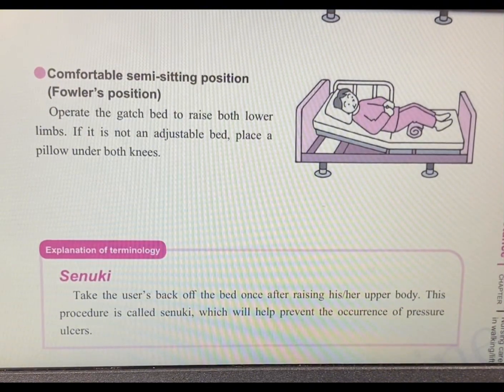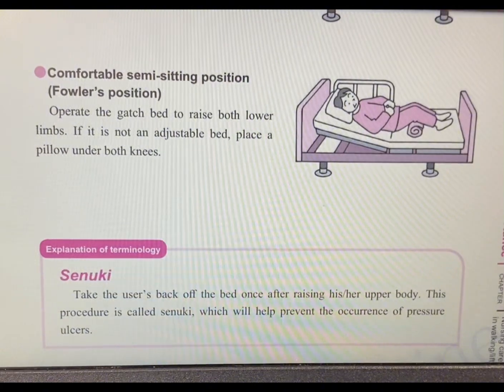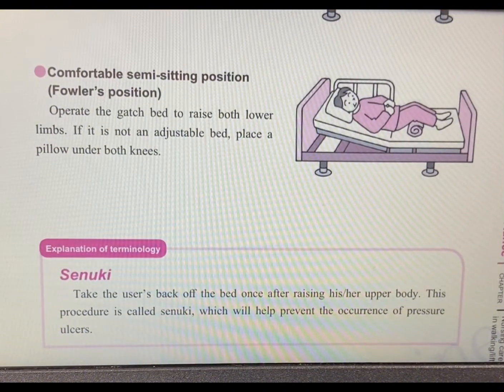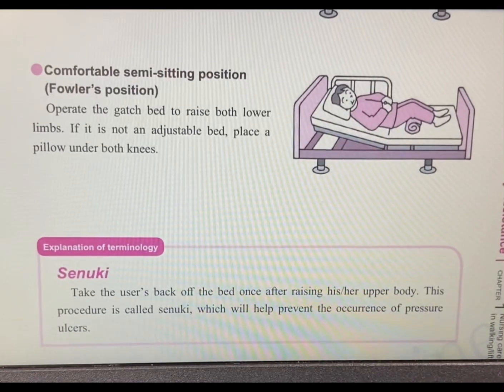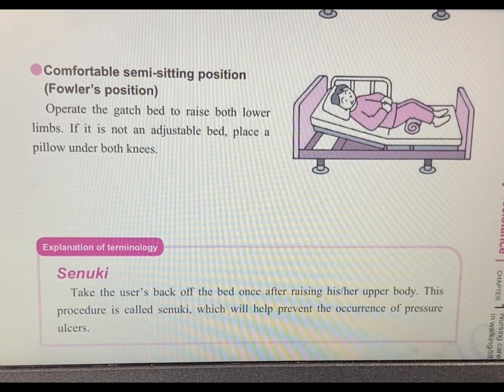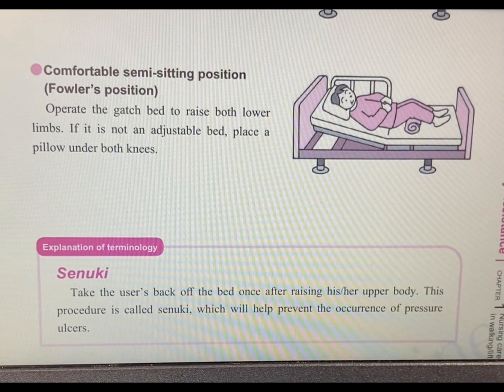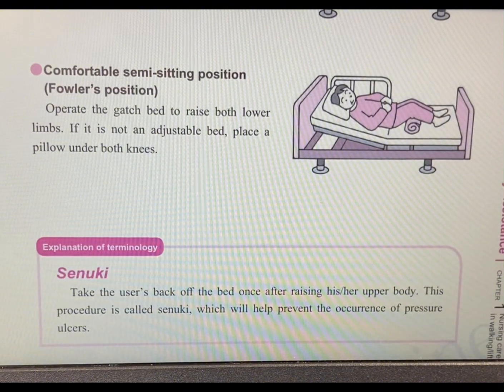Slide up and down para matanggal yung air, or yung pressure doon sa in between sa bed and sa likod ng user. Remove the air pressure para matanggal din yung friction, kasi pag mayroong friction, tendency is mamumula yung skin ng user, which is simula ng pressure ulcer pag hindi natin napansin na lagi nang nakadikit yung katawan ng user sa bed.